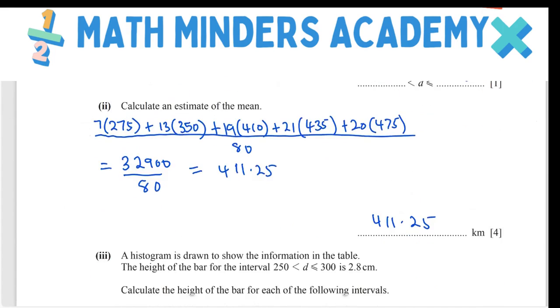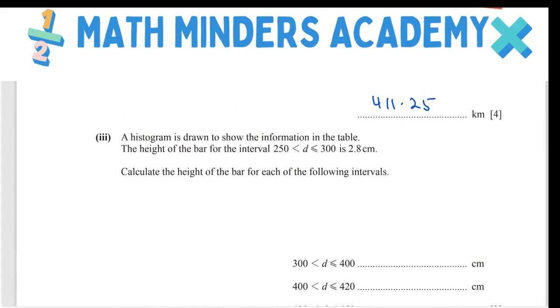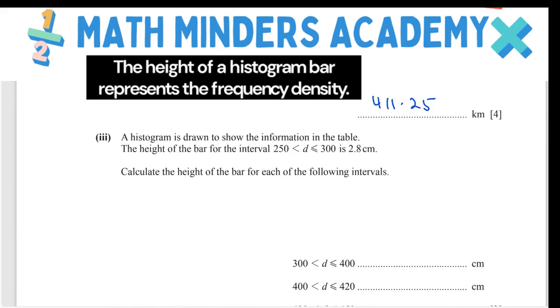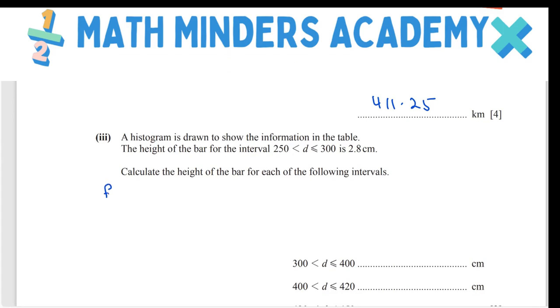And we know that when a histogram is drawn, the height of the histogram bar is the same as the frequency density. So the height of the bar is determined by the frequency density. Now, the frequency density itself is defined as frequency over class width.